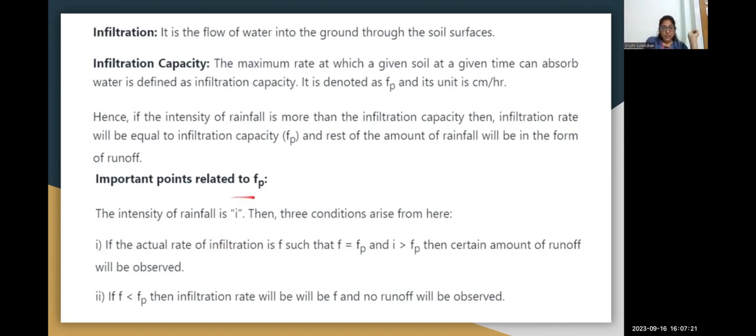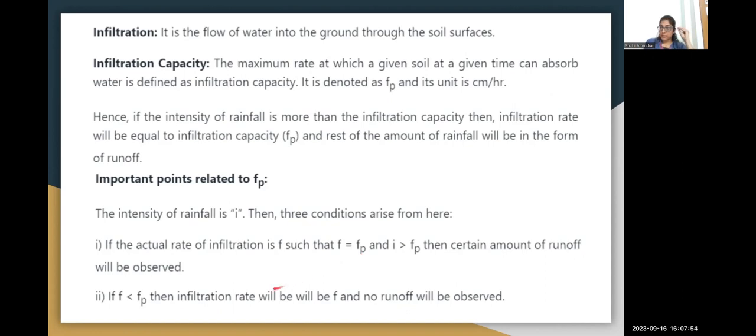So when it comes to the infiltration capacity and the intensity of rainfall, 3 conditions can come. If the actual rate of infiltration is denoted by the letter F and Fp is the infiltration capacity, then if the intensity of rainfall I is greater than the infiltration capacity, the infiltration rate will be equal to the infiltration capacity.